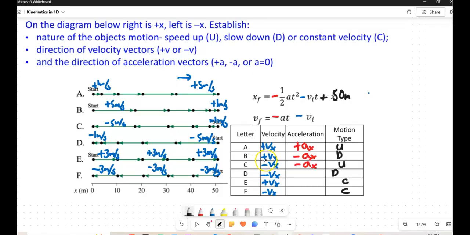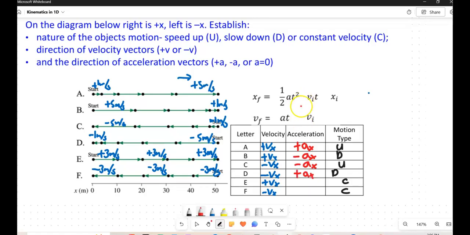We're creating equations. Okay, let's try D. D starts out, you're moving to the left at -5 meters per second, and you end up moving to the left at 1 meter per second. So that means something had to be pushing you to the right the entire time as you're moving to the left.